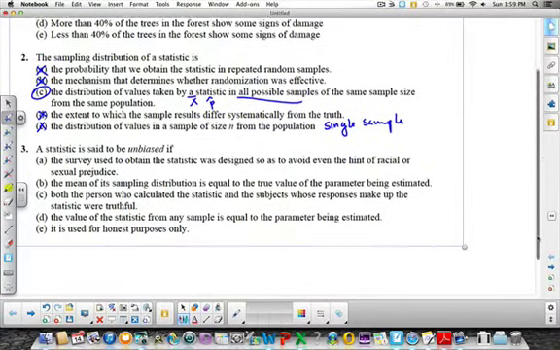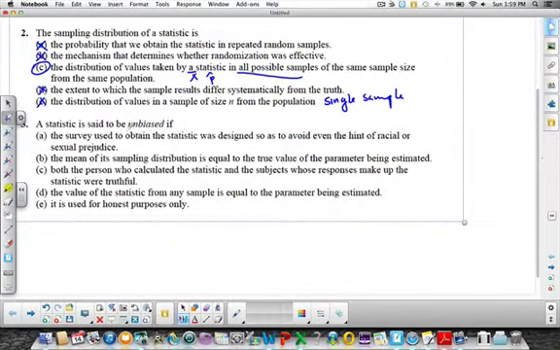Number 3, a statistic is said to be unbiased if the correct answer is B, the mean of its sampling distribution is equal to the true value of the parameter that is being estimated. That's what unbiased means. So if we had a population here, even if the population was skewed like this, and let's say its true mean was here at, I'm just going to make up a number like 50.